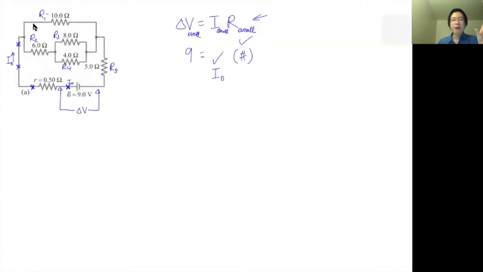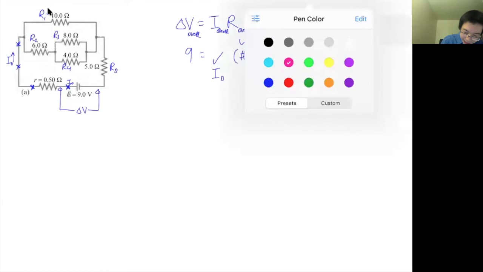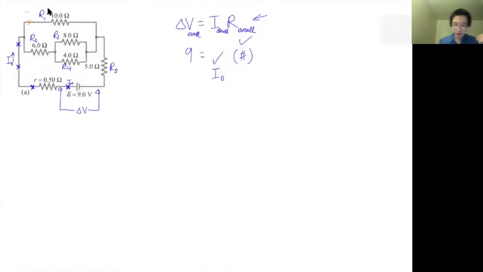Now, how about here? Now it will be different, because the freeway analogy is perfect. If your freeway starts splitting in two, like going down the 405 and it splits into the 5 and the 15 or whatever, then how many cars per unit time, or how much charge per unit time, will start splitting up. So if I label it in orange here, let's call these I1 and I2, the current through this part.